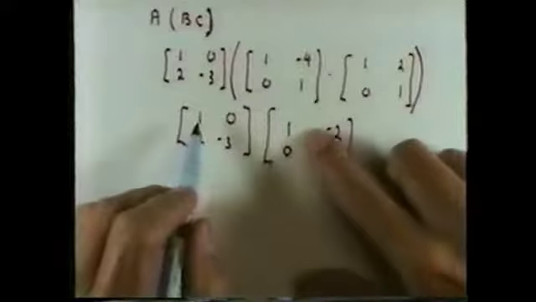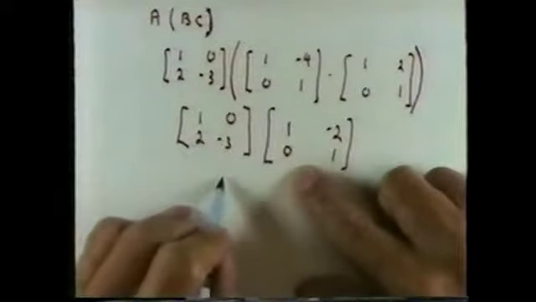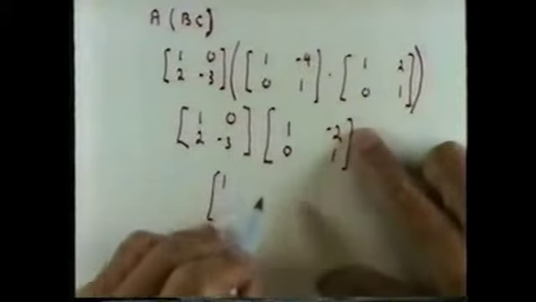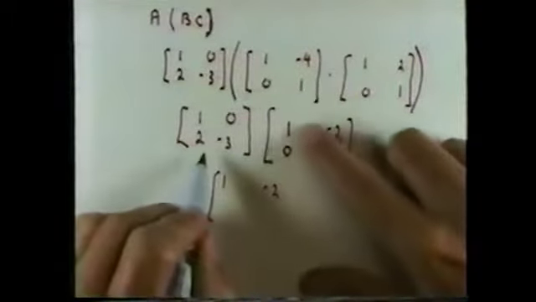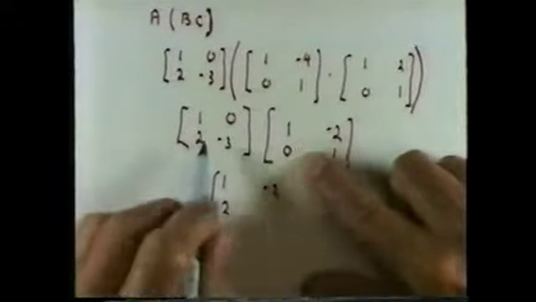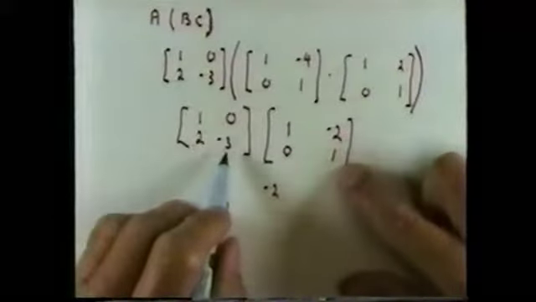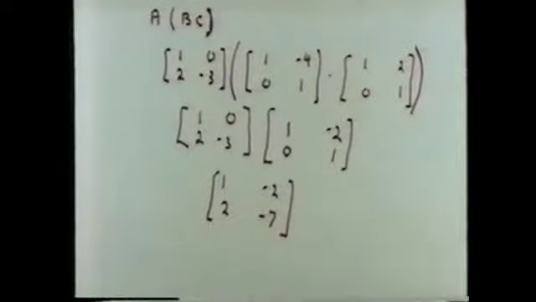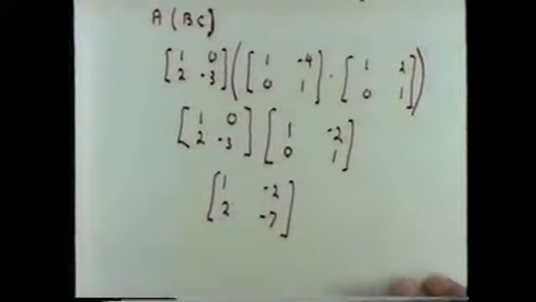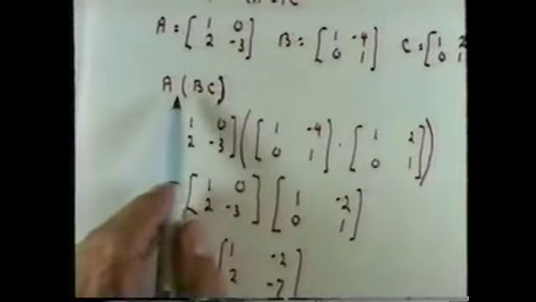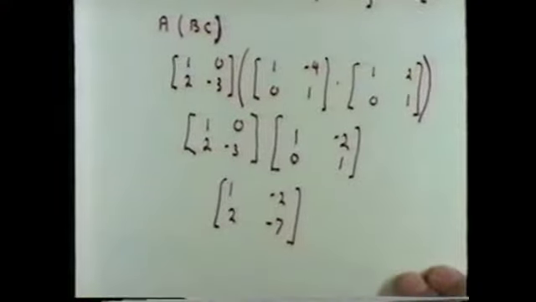Now I do this multiplication. 1 plus 0 is 1. Negative 2 plus 0 is negative 2. 2 plus 0 is 2. Negative 4 minus 3 is negative 7. So when I multiply B times C and then by A, I get this matrix.